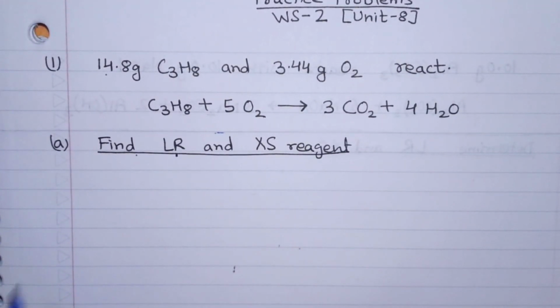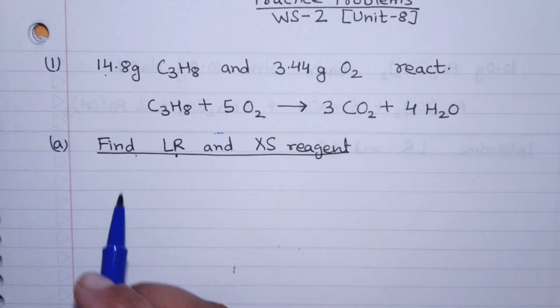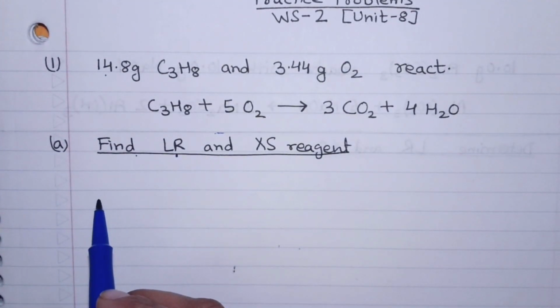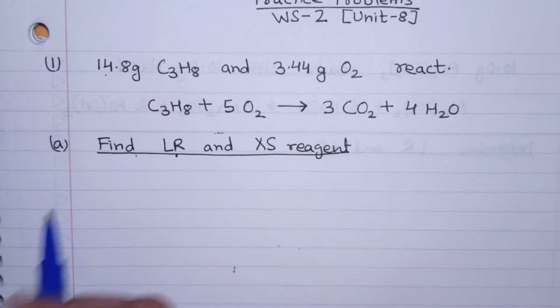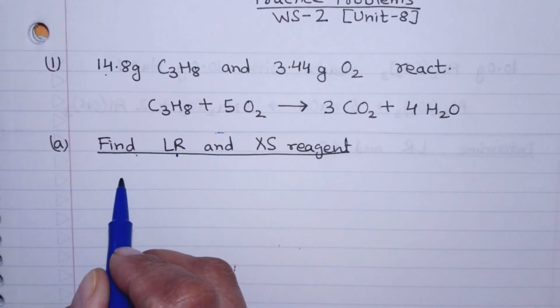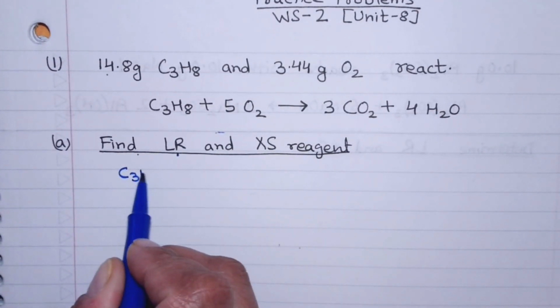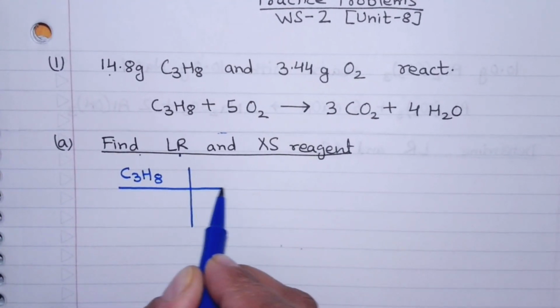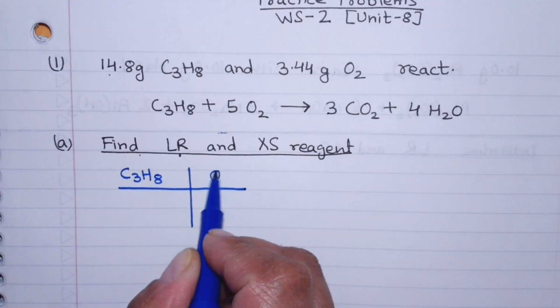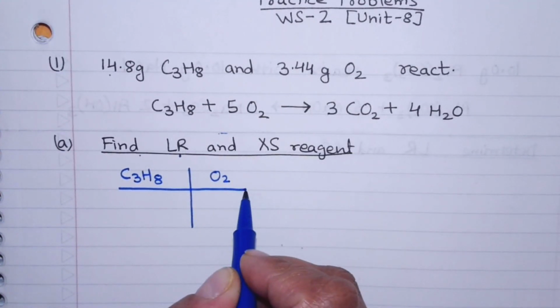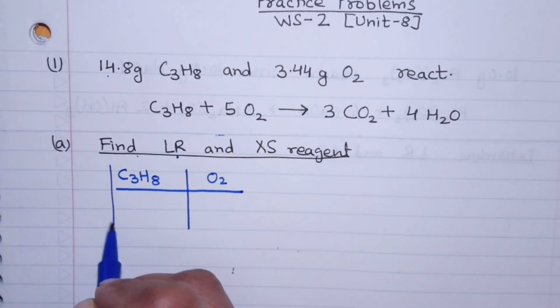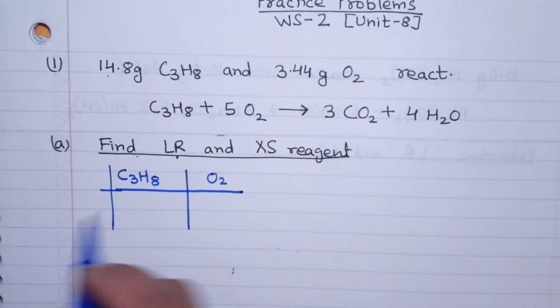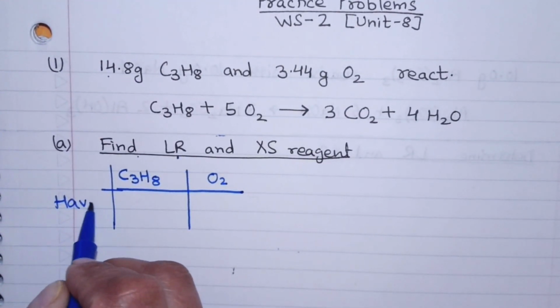For that, we need to set up our have versus need table. Remember, have versus need table should always have moles in it. So the two things that we need are O2 and C3H8.